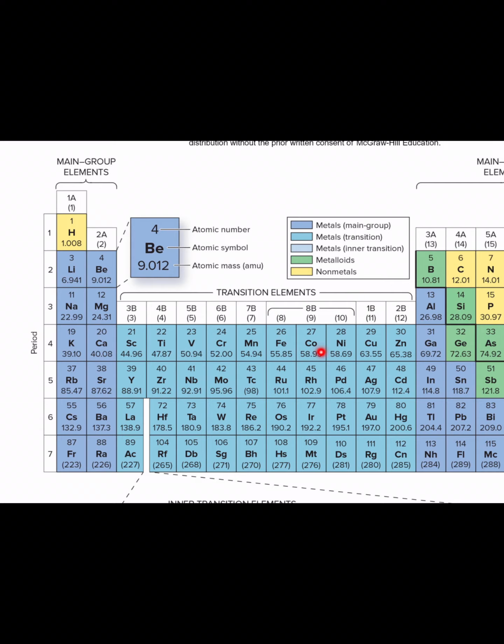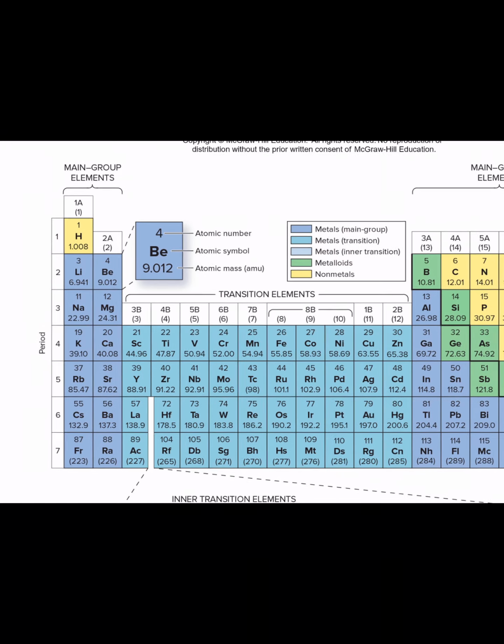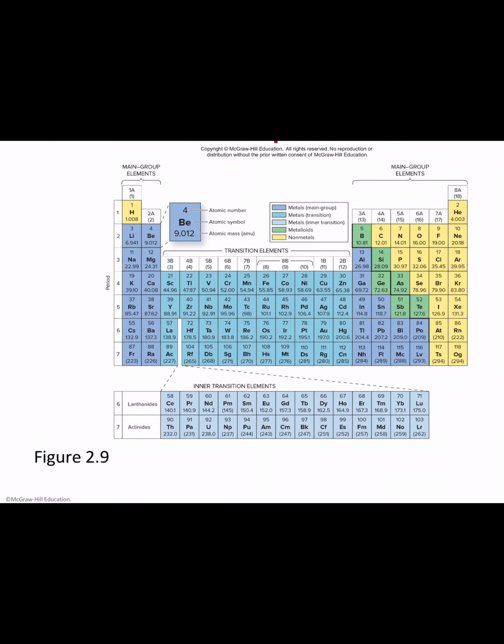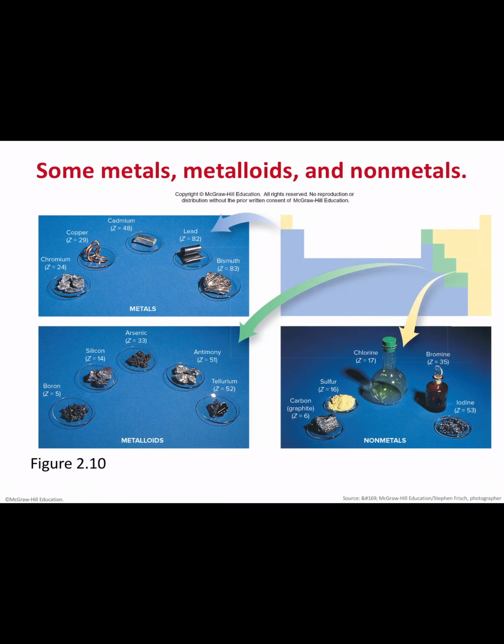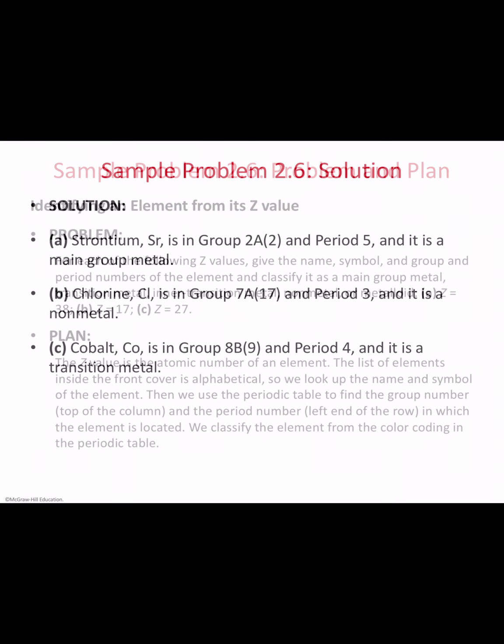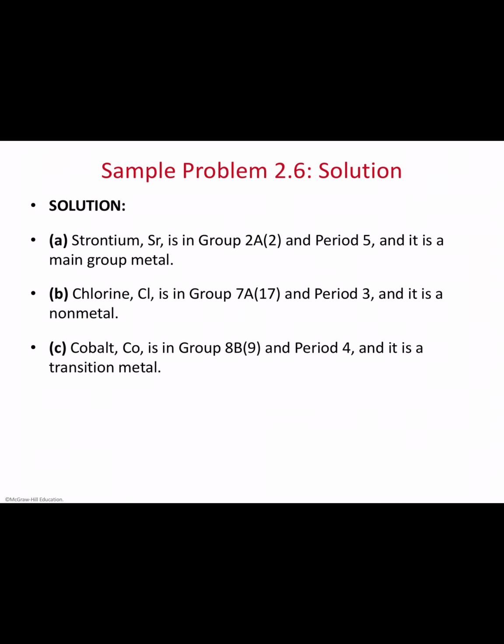So what period is cobalt in? It's in the fourth period. And what is the group number? That is under 8B9. Okay, that is the group number for cobalt. So 8B9, period 4, and it's a transition metal.